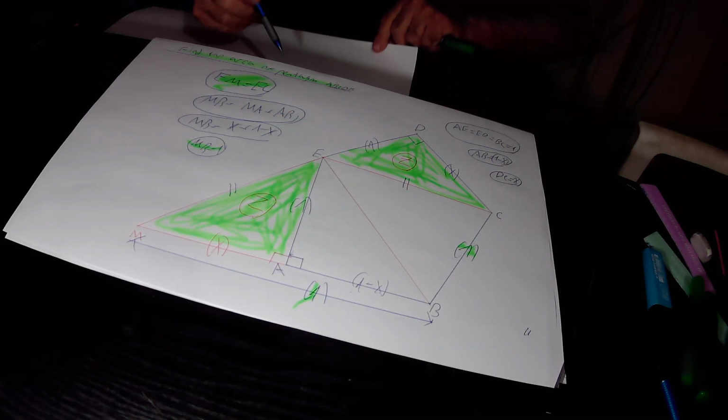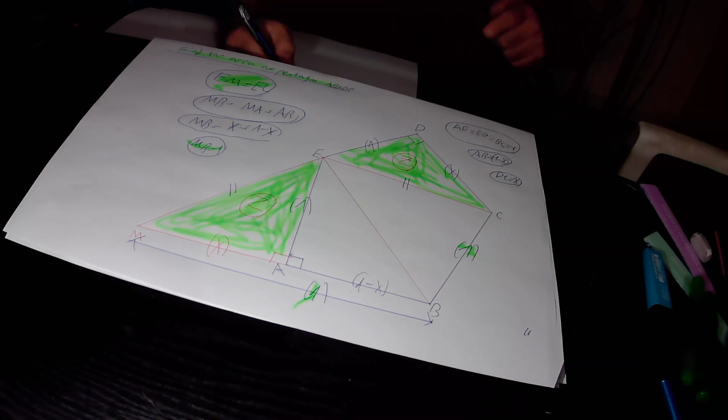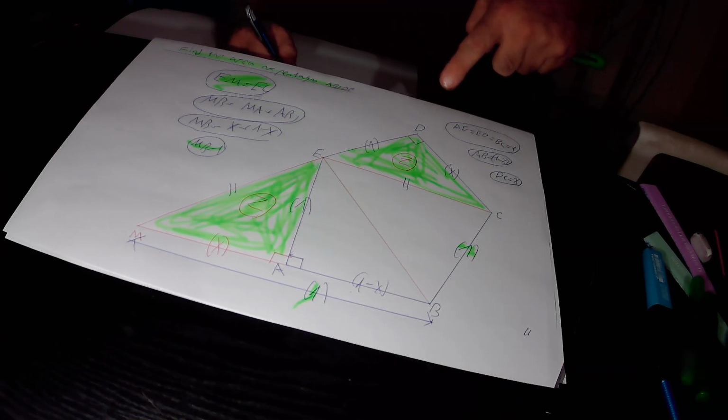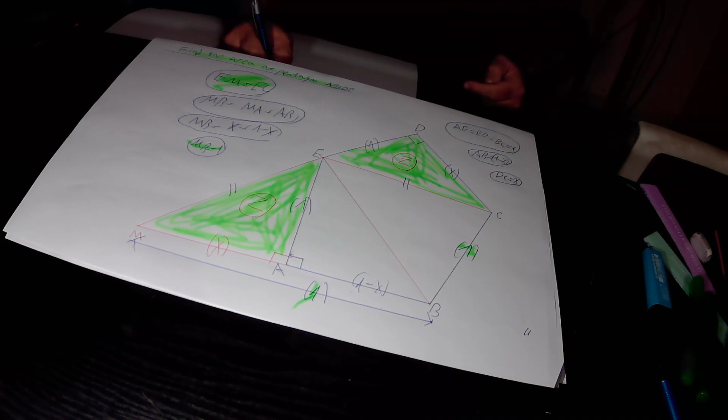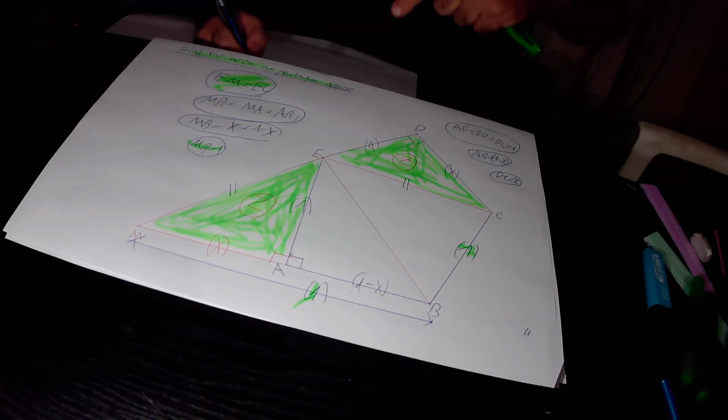So right now, the area of the big pentagon must be equal to the area of this green right triangle EDC plus the area of this quadrilateral ABCE.